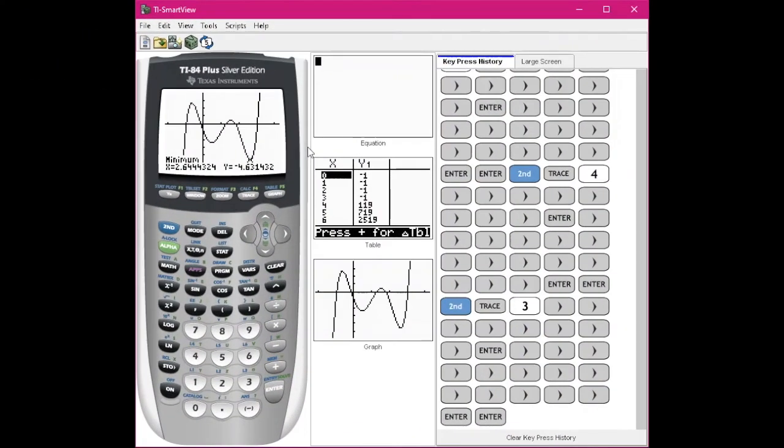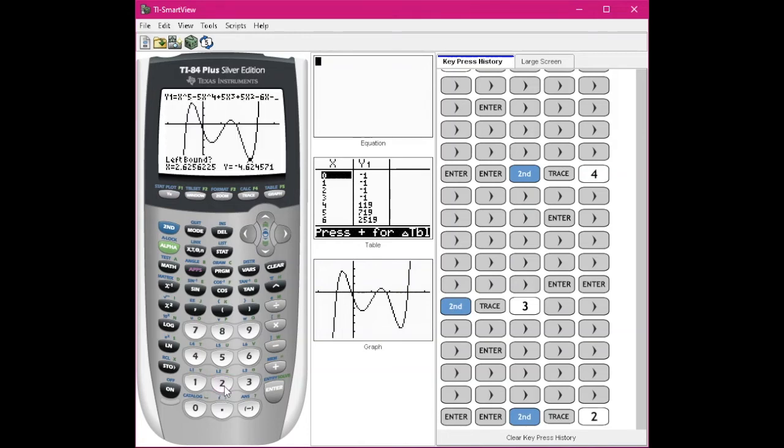Now you want to find the zeros of the function, and there's 5 of them. Again, you would have to repeat this process 5 times. 1, 2, 3, 4, 5. And again, I like to work my way from left to right, so I'm going to start by looking for this 0 over here. So I'm going to do the same menu, second trace, and number 2 is 0.